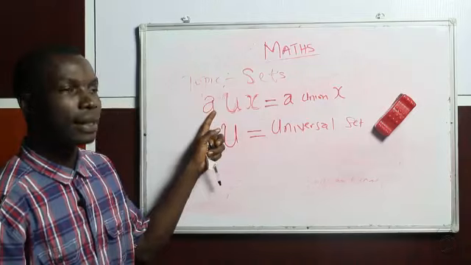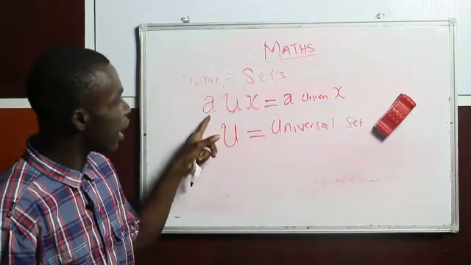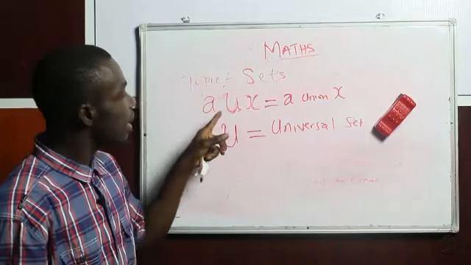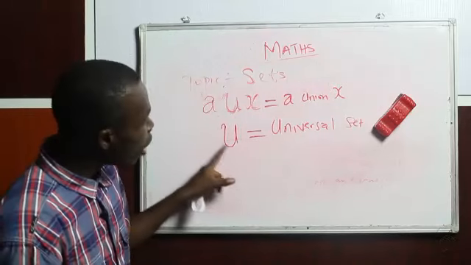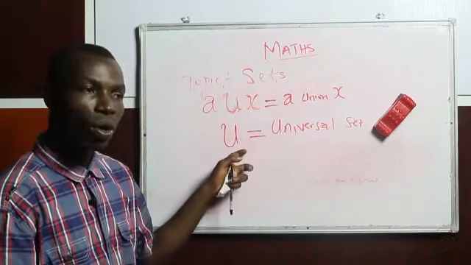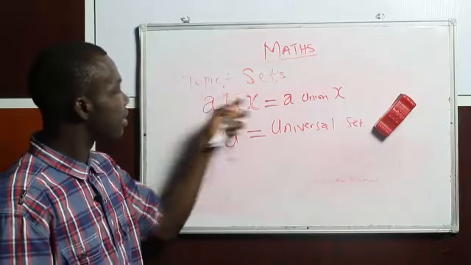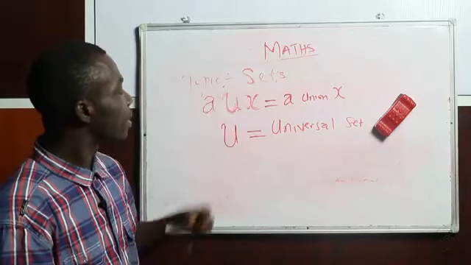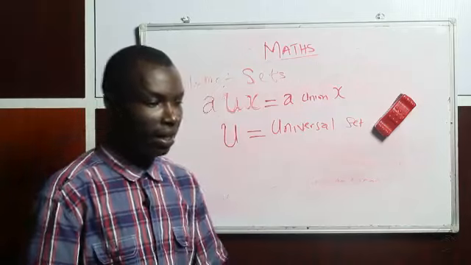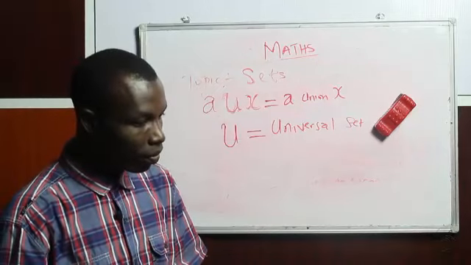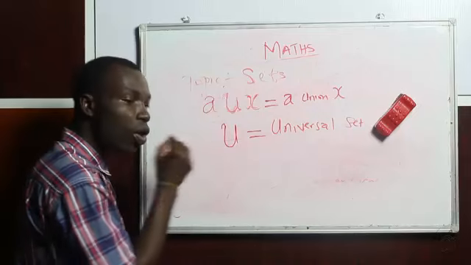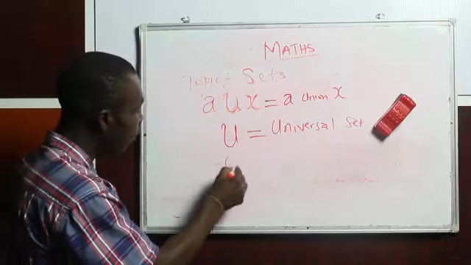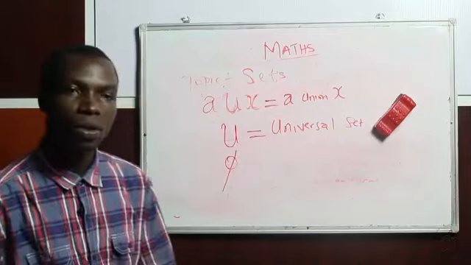But considering this, when you have A union X, it means A is the union of X. But when you have only this symbol without any letter, as in this example above, it means universal set. We still have another symbol of set where you have this symbol.